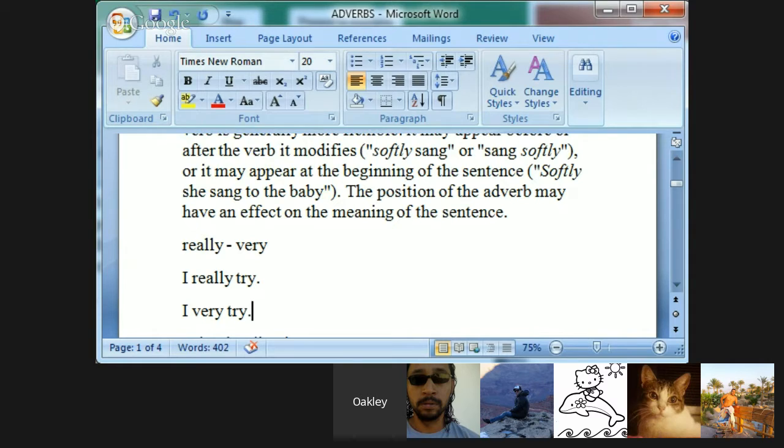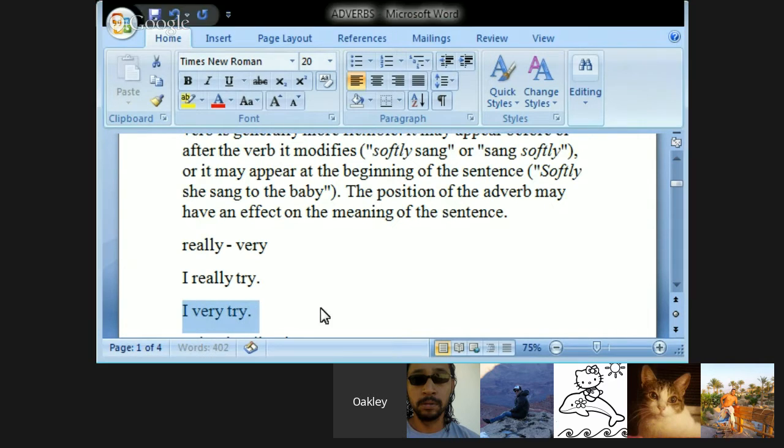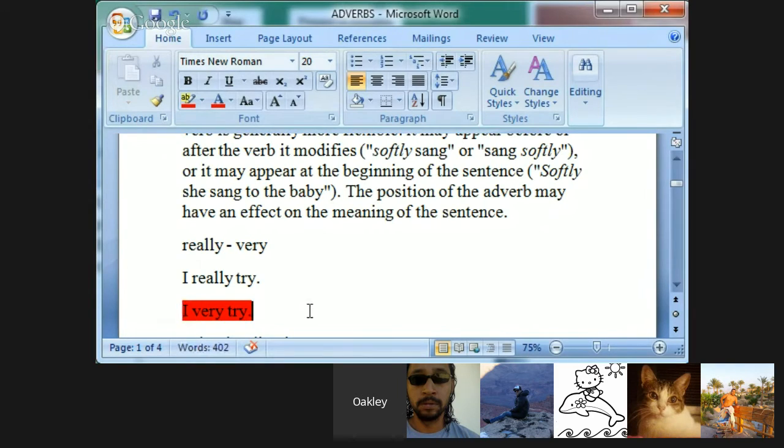Okay, I know you're trying to use an adverb with a verb, which is a normal function. But this sentence doesn't mean anything. This is no good. You can't use very, just to put it bluntly, please don't use very with a verb.